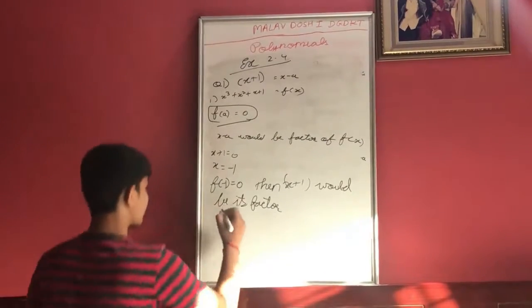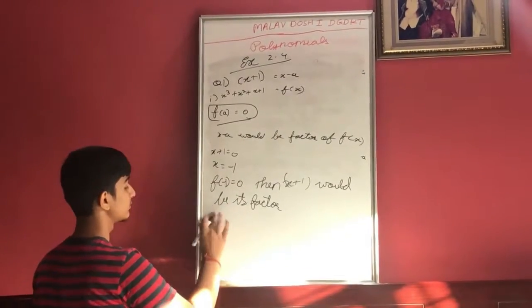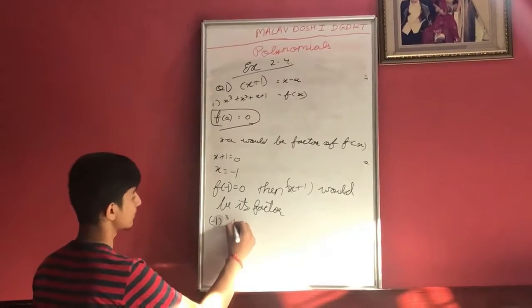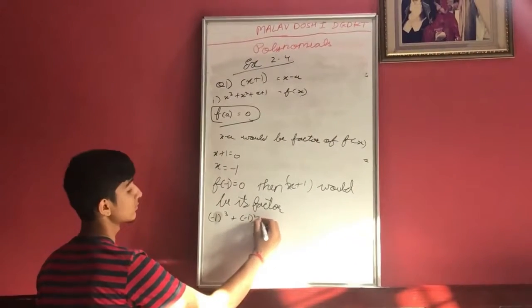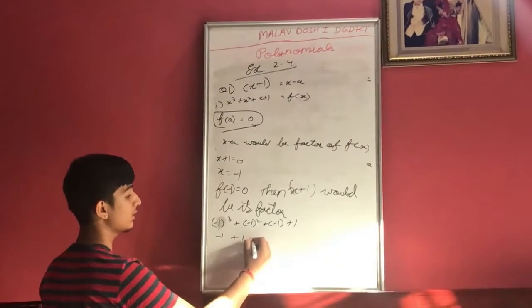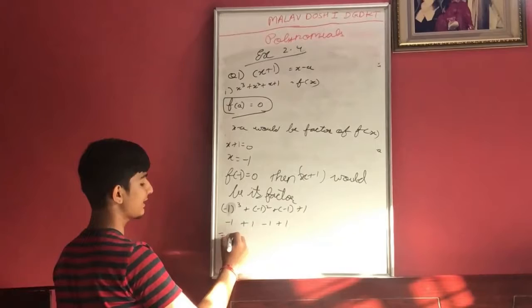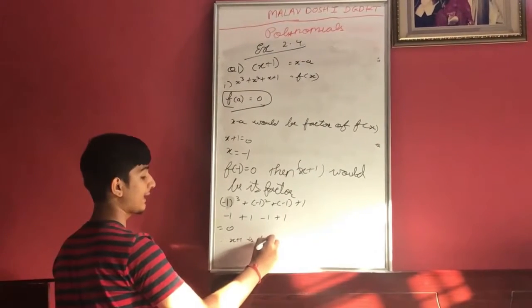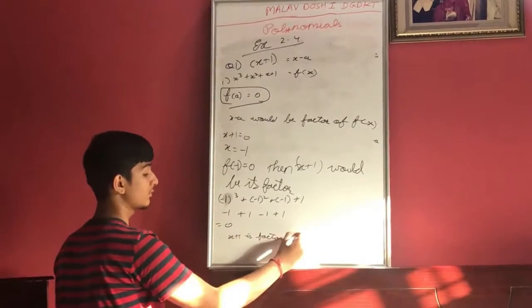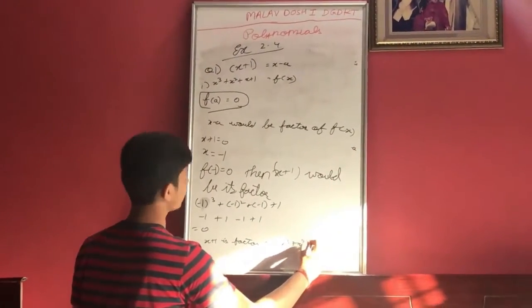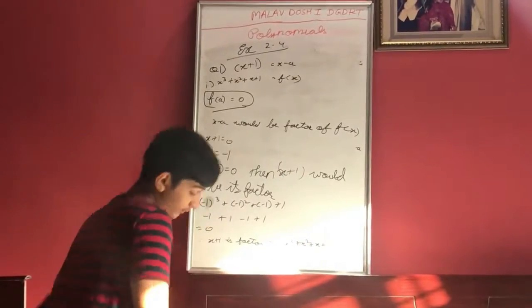So now let's substitute the value. Here we get minus 1 plus 1 minus 1 plus 1. So it gets 0. Therefore, x plus 1 is a factor of x cube plus x square plus x plus 1.